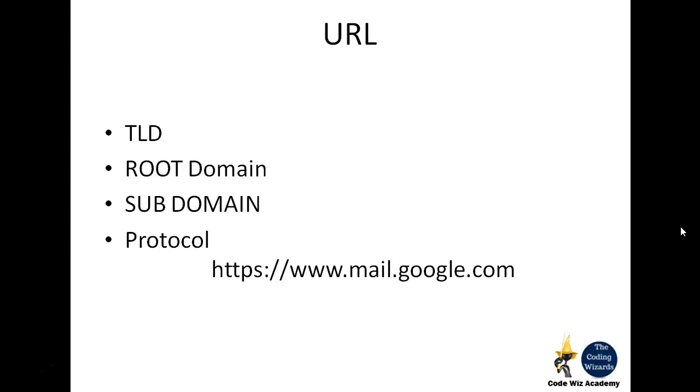And towards the left of www would be the protocol, HTTPS. So, in the URL https://www.mail.google.com, com is the TLD, Google is the root domain, mail is the subdomain, and HTTPS is the protocol.